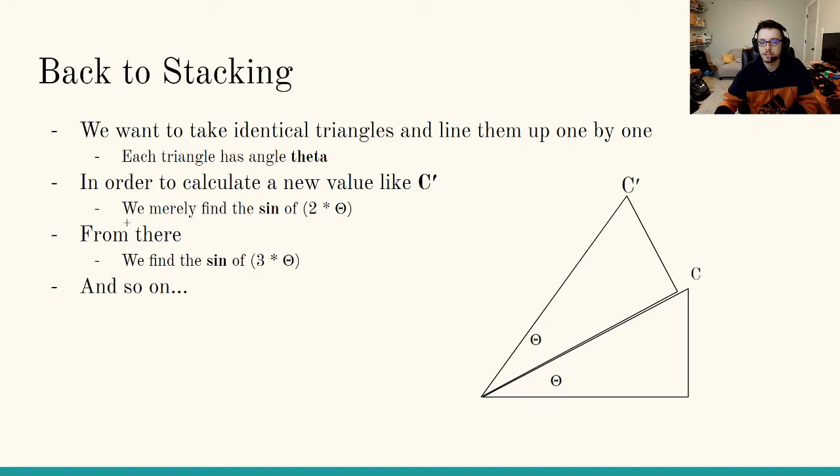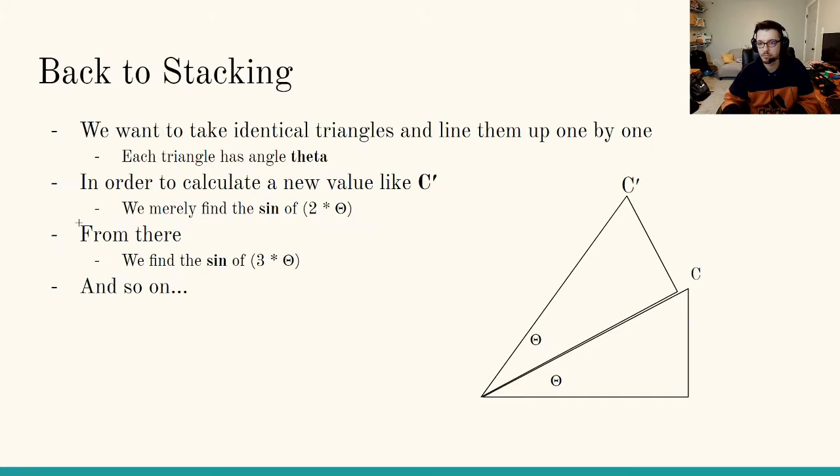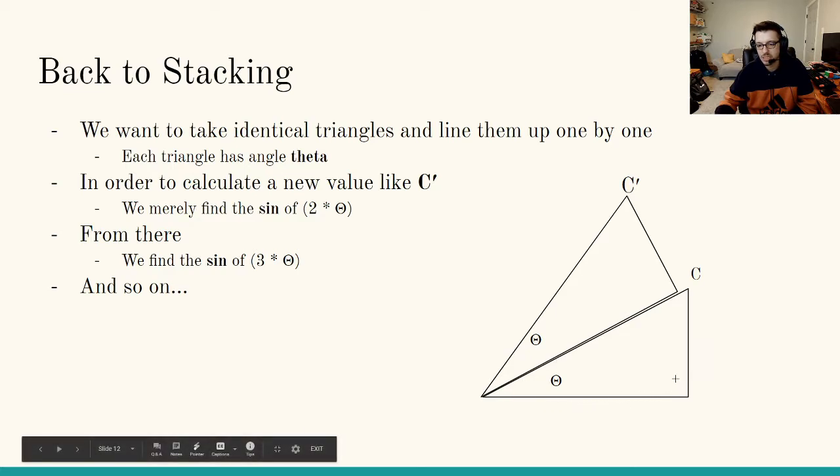So when we talk about stacking, if we go back a few slides, this is what we're referring to. How are we going to rotate these triangles about the circle such that they stack up nicely? If we were to draw one triangle and then want to draw one similar to it, if we look at the combination of these two angles, it's actually 2 times one of those angles.